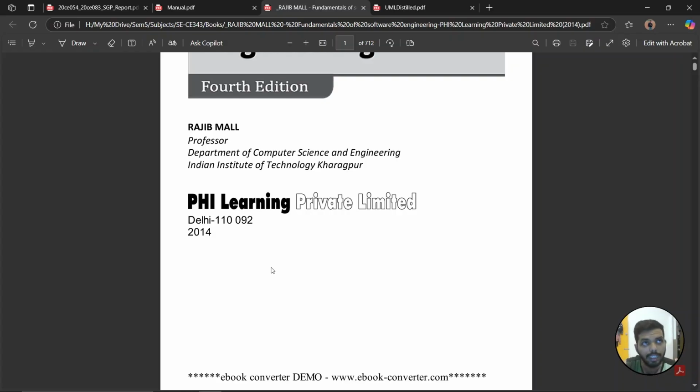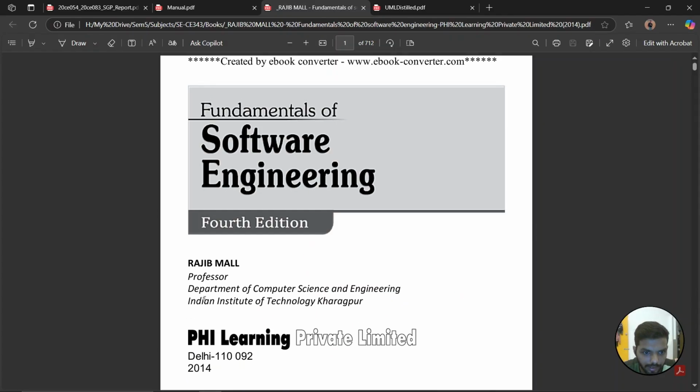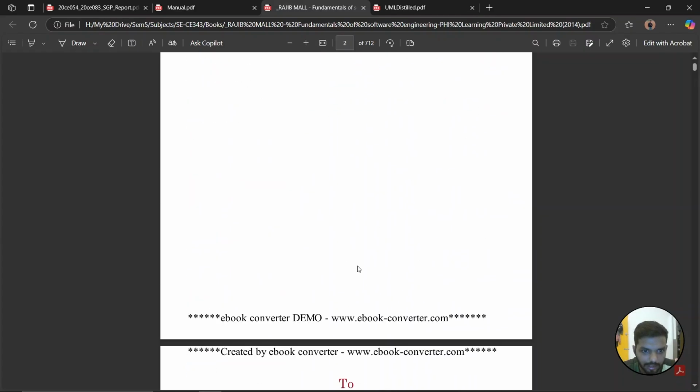No, not 2019. We started our college in 2020, and it was introduced in third year, so it should be 2022 end or 2023 starting. So the first thing you should note is that it is a pretty old book.